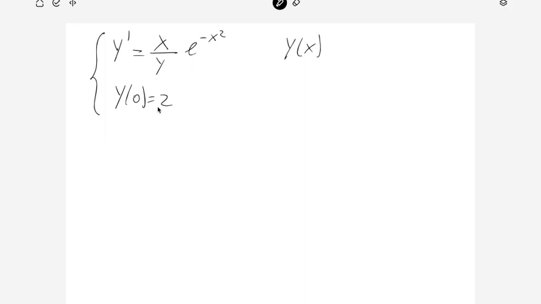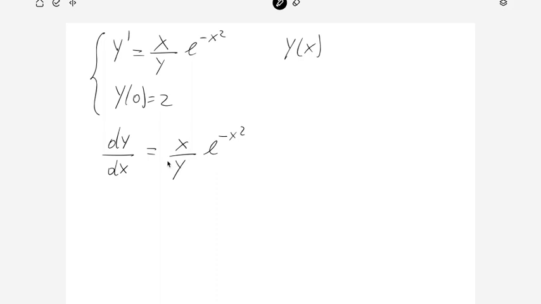Okay, now how can we solve it? First we can write, this is not mathematically correct, but it works. We write y prime as dy over dx, equal to x over y e to minus x squared.